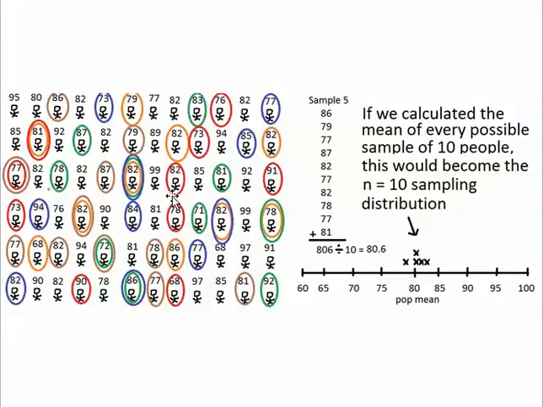However, since there's 72 people in this population, each possible sample size between 1 and 72 has its own sampling distribution. If we wanted to, we could look at all 72 sampling distributions. We could look at the means of all possible samples of 2 people, the means of all possible samples of 3 people, the means of all possible samples of 4 people, and so on.